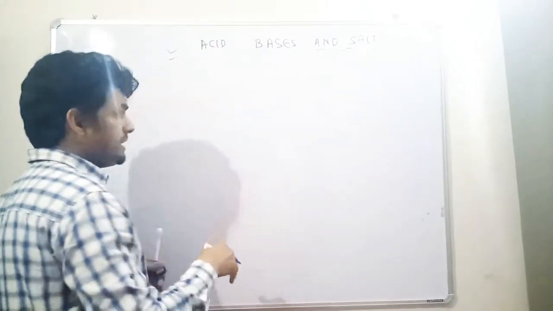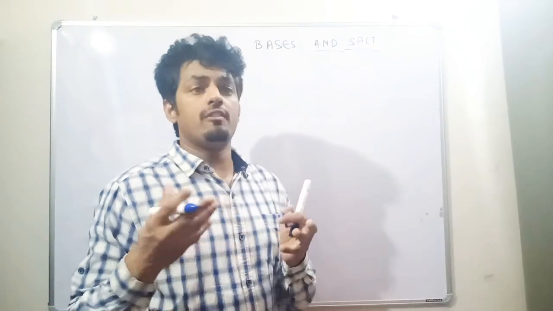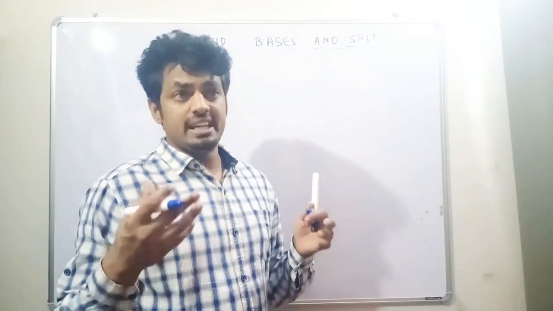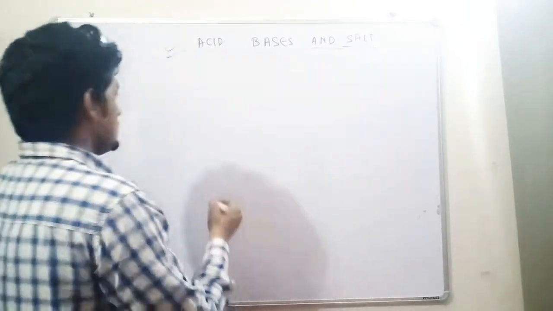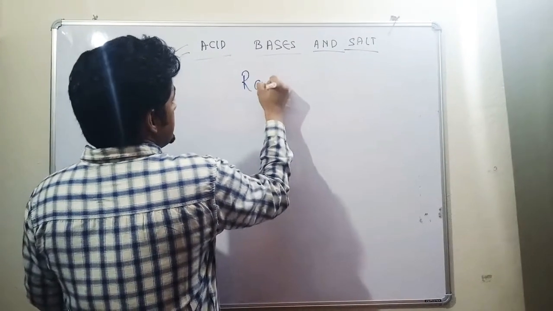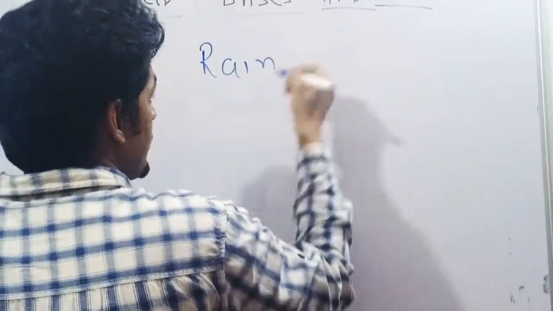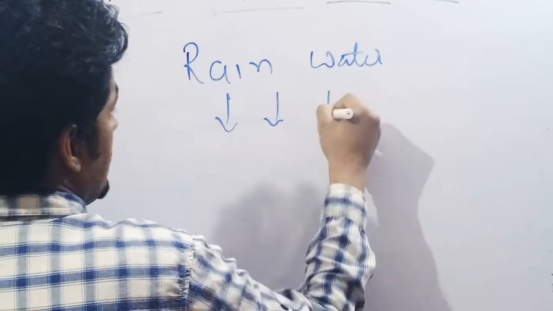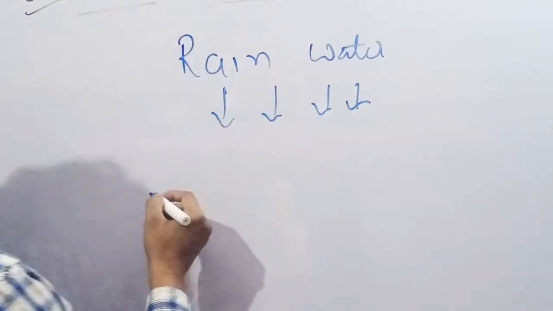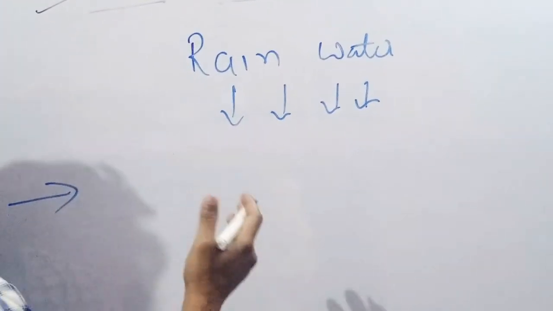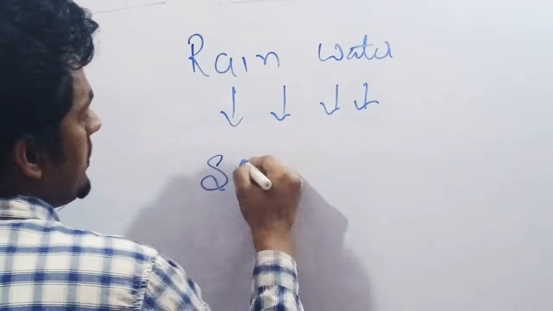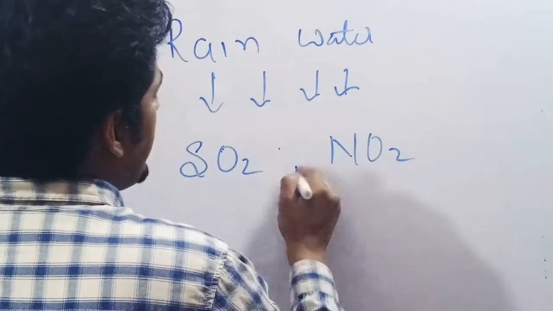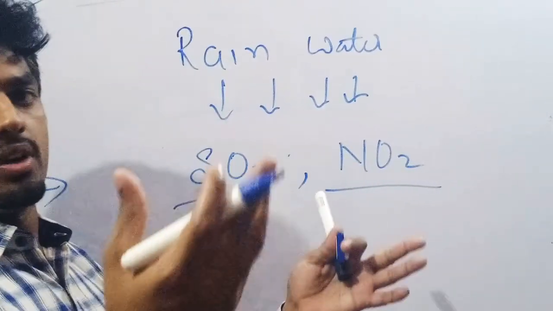As we know, on our roads there are different kinds of vehicles, automobiles, factories, industries, and from them, suppose rainwater is coming from the clouds. From our vehicles, automobiles and industries, sulfur dioxide, nitrogen dioxide, this kind of gas is evolved.